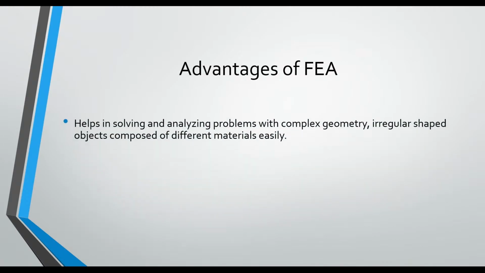The first one is it helps in solving and analyzing problems with complex geometry, and irregular shaped objects composed of different materials, very easily. When you are doing analysis manually, using a theoretical method for calculation, if you have an irregular or complex geometry, it becomes very difficult.